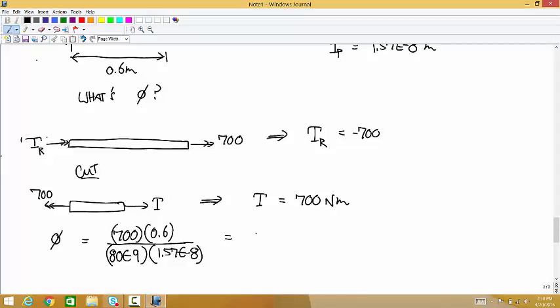And you get a value of 0.334 radians. So a radian is about 60 degrees, so that's 20 degrees. Yeah, that is a lot.